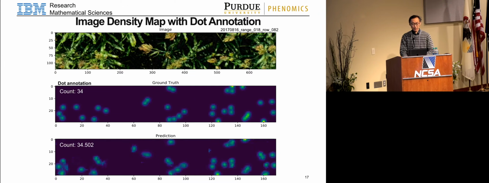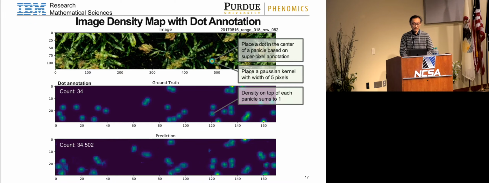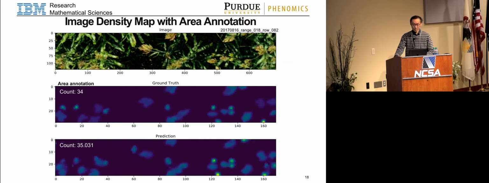Another method we developed, so it's explained here, is called area annotation, where using those superpixels, the annotator can actually mark a larger area that corresponds exactly to a panicle, as a panicle.